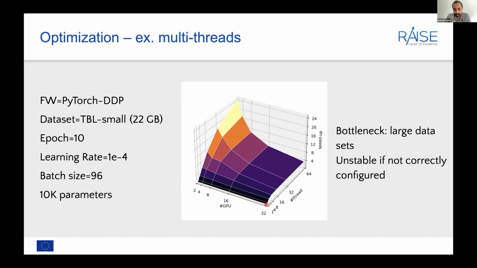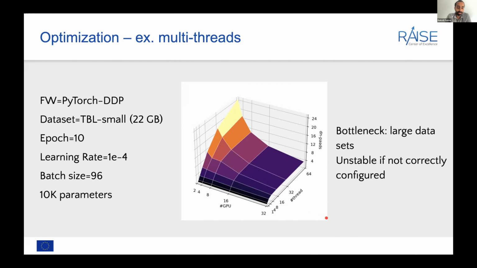What we observe is that in this case the data set is very small, so it does not really help to increase the number of GPUs here. But if we have larger data sets, what we observe is that after a certain point, increasing the number of threads does not really help. The behavior is quite unstable. In our case, we observed that this number is somewhere around 8.